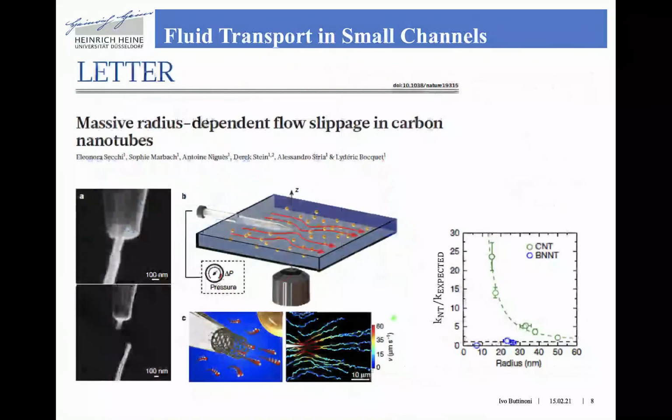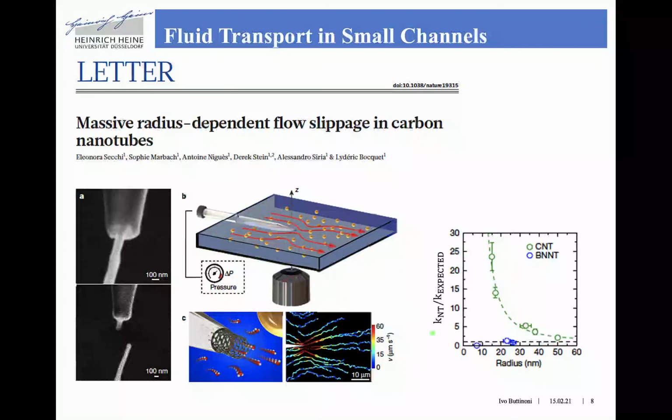As an example, the researchers in this article measured the permeability K, which is the inverse of the hydrodynamic resistance, of carbon and boron nitride nanotubes by looking at the flow profile just after the channel mouth.